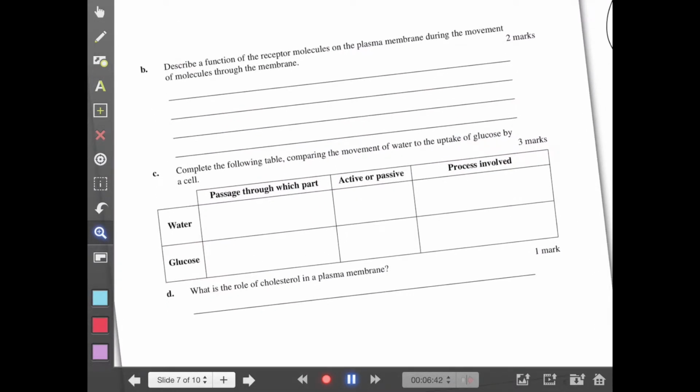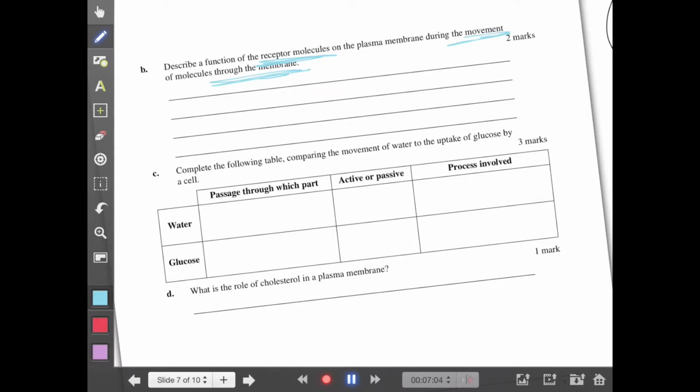This is why I was rambling on before. So describe a function of the receptor molecules on the plasma membrane during the movement of molecules through the membrane. Okay, so receptor molecules and their importance of things that are moving through the membrane.